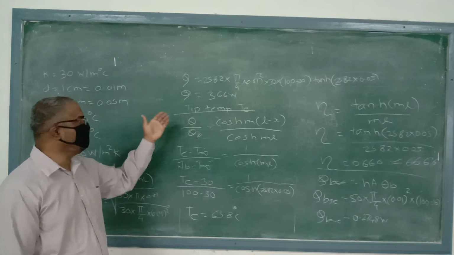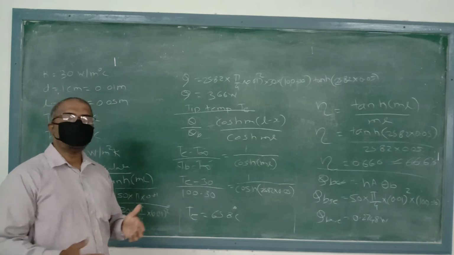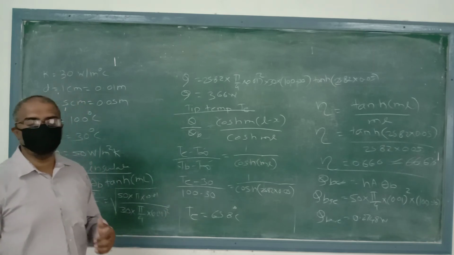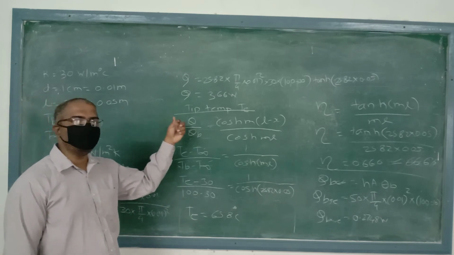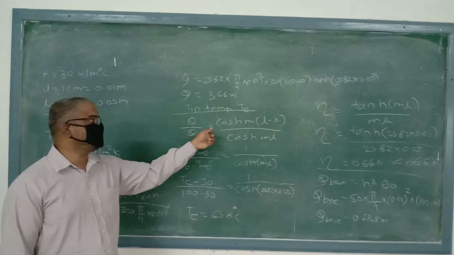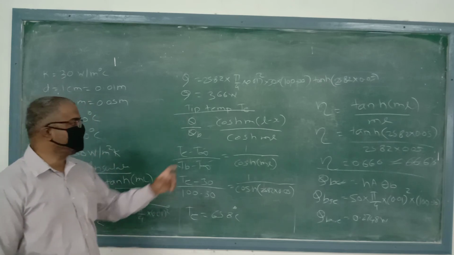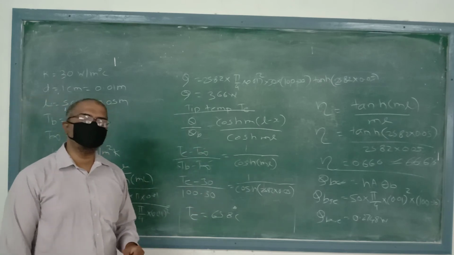Next they are asking you to find the tip end temperature. For the tip end temperature, you know this formula we have derived: theta upon theta b is equal to cos hyperbolic of m into bracket l minus x upon cos hyperbolic ml.